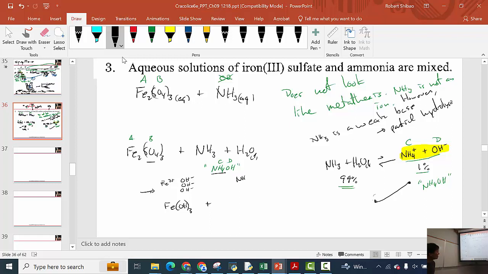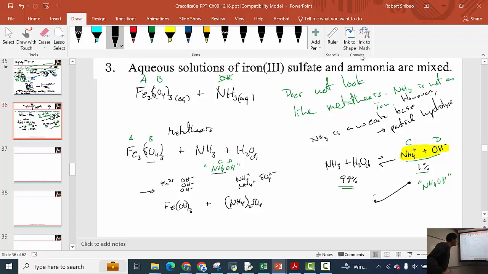Ammonium is a plus 1, and sulfate is 2 minus. How many ammoniums will I need to balance out the charge? 2. So that's going to form (NH4)2SO4. Even though this does not look like a double replacement or metathesis, it turns out it is. So this is, in fact, a metathesis reaction.